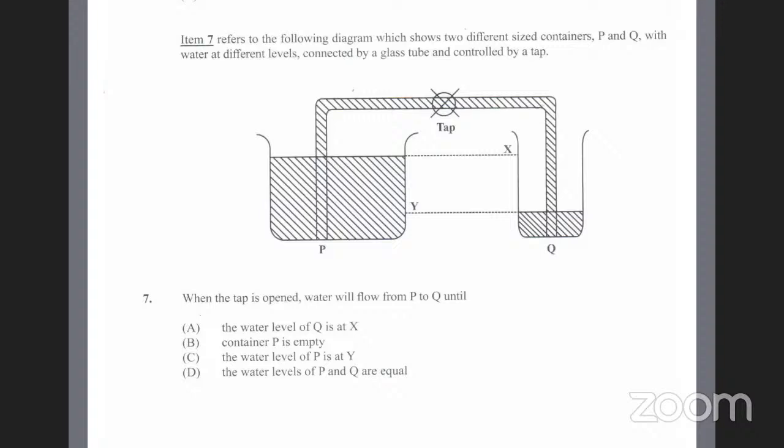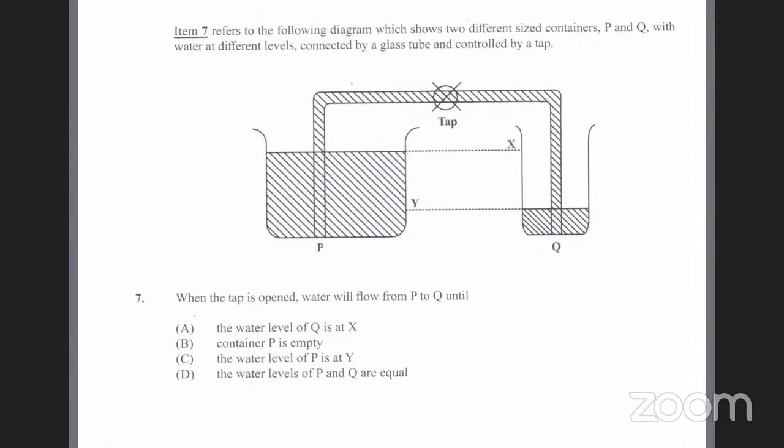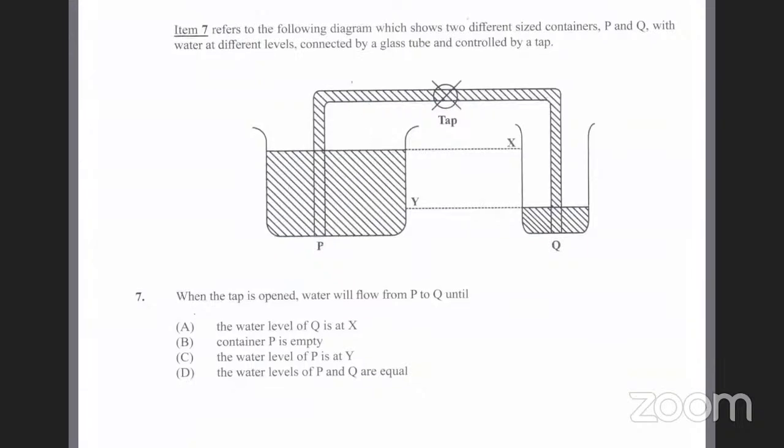What you all think? A, B, C, or D? What you all think now? Which one? So you have the following. You have P and Q with different water levels connected by a glass tube and controlled by a tap.